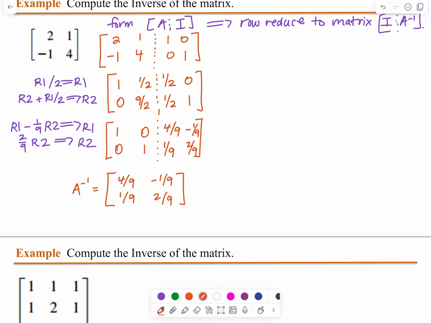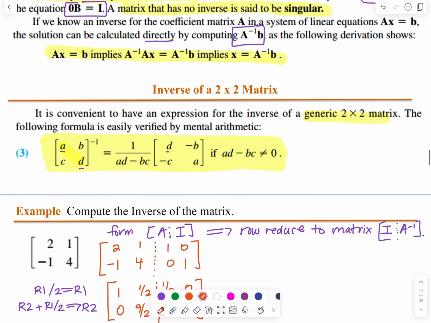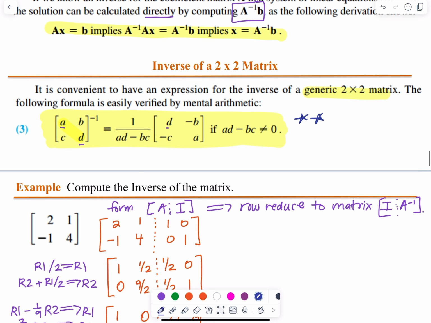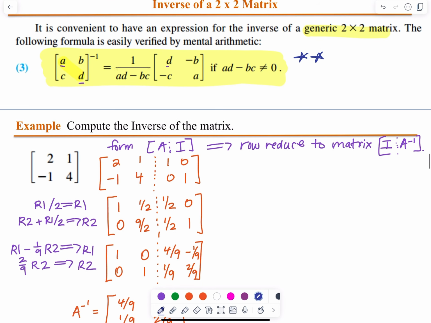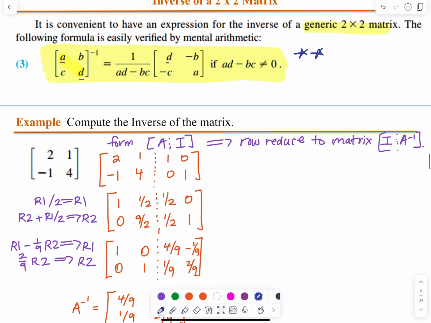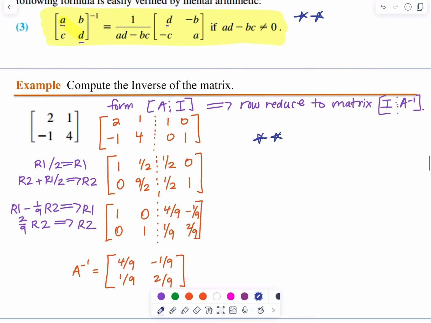Now, let's try this method. I'm going to put a little star by this. This is a convenient way to find the inverse of a 2x2 matrix. So let's take a double star and let's try this.